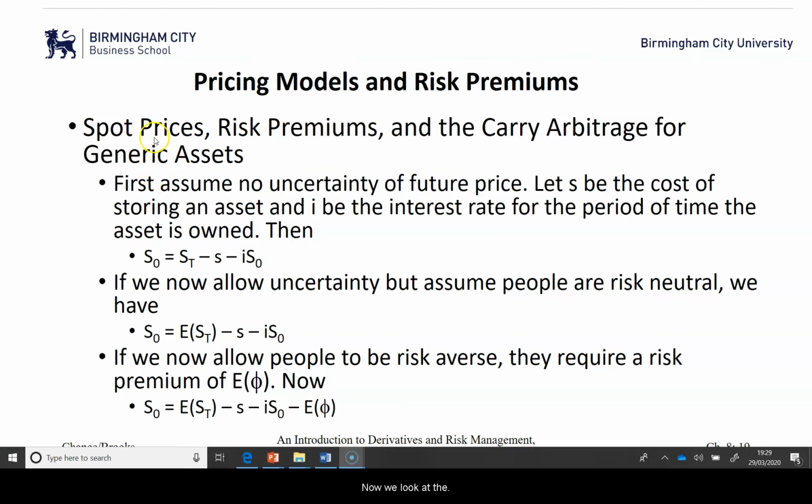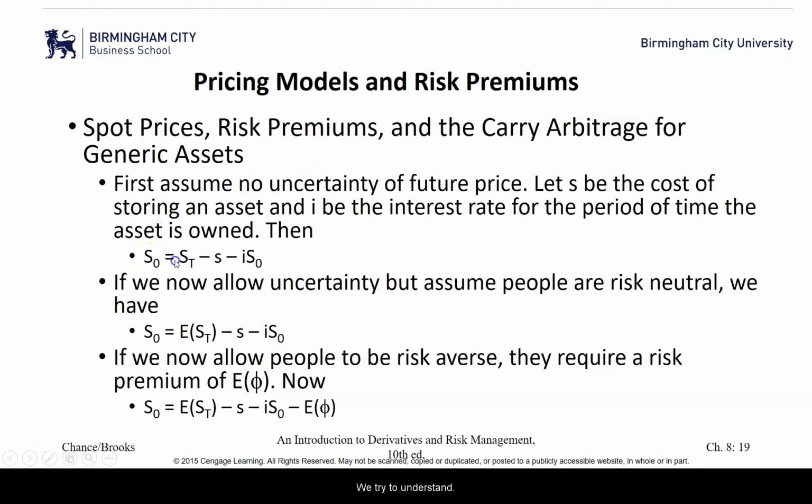Now we look at the spot prices and try to understand the relationship between spot prices at expirations and the current spot prices. We try to understand the factors that explain the spot prices at expiration and the spot prices today.